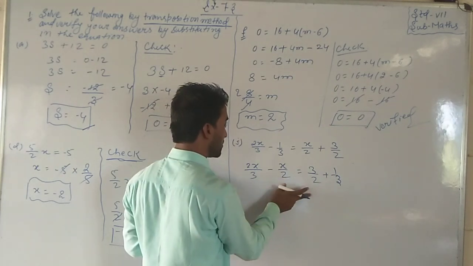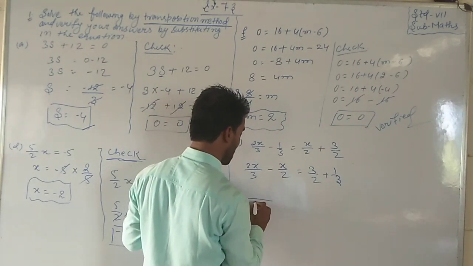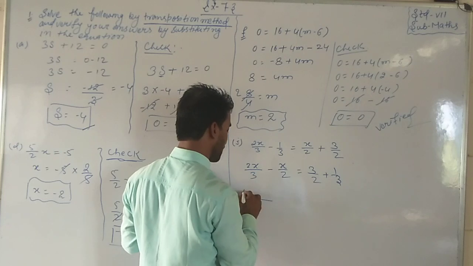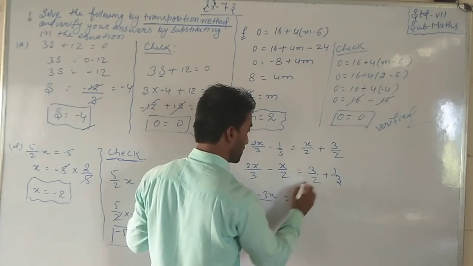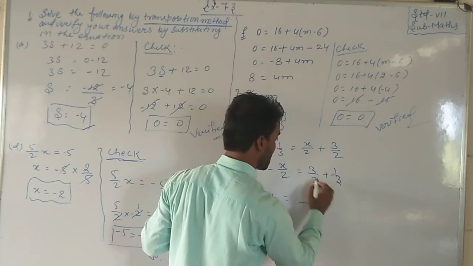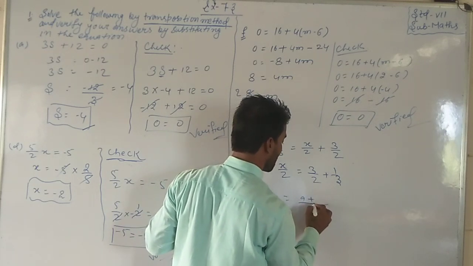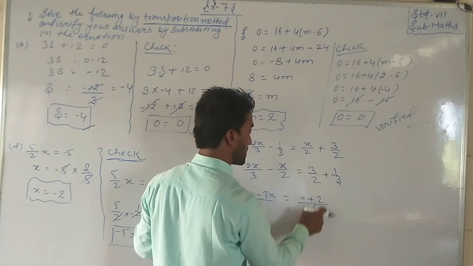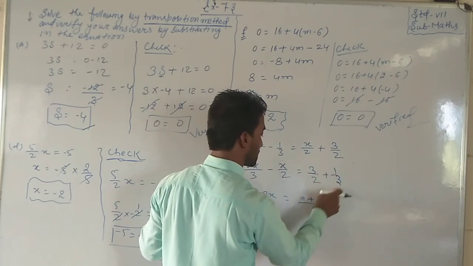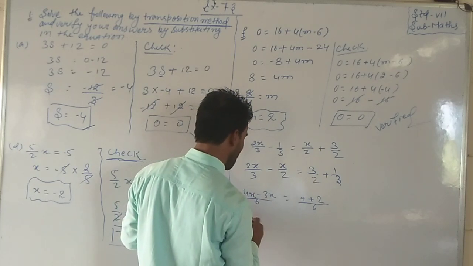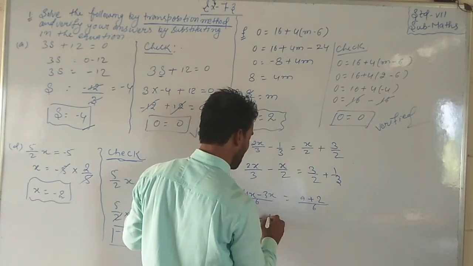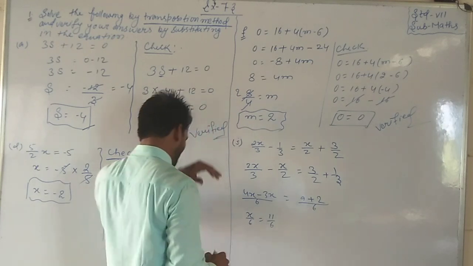What will be the LCM? 2x by 3 minus x by 2 is 4x minus 3x by 6, is equal to 3 by 2 is 9 by 6 plus 1 by 3 is 2 by 6. So 4x minus 3x is equal to x by 6. We can write here 11 by 6.